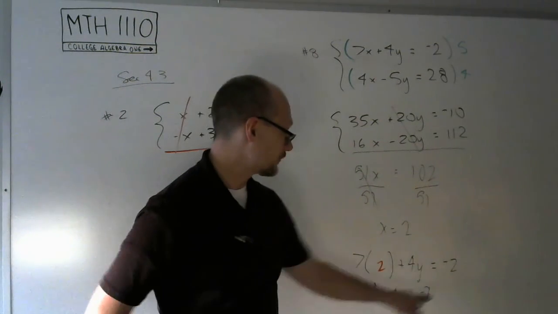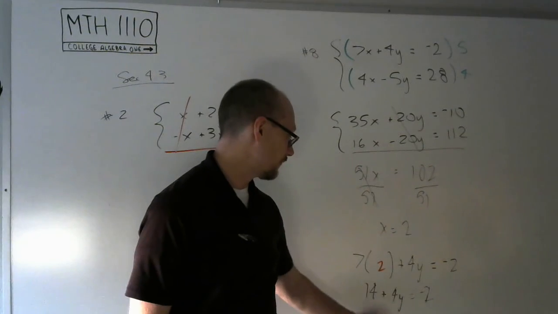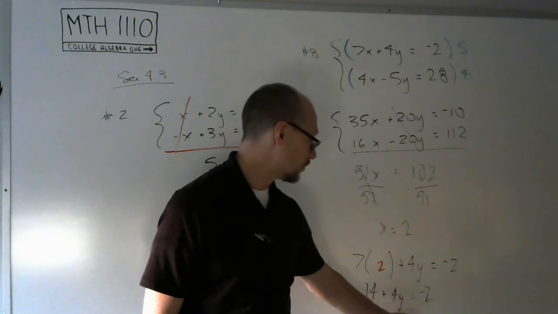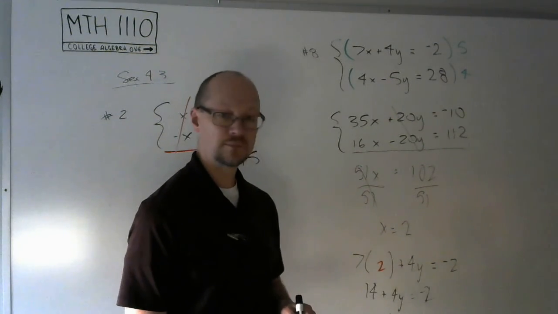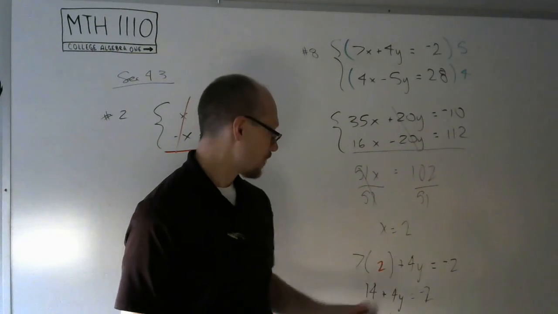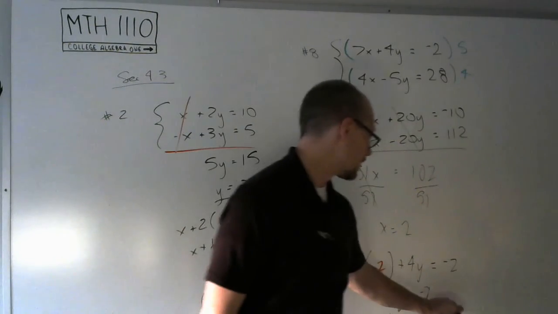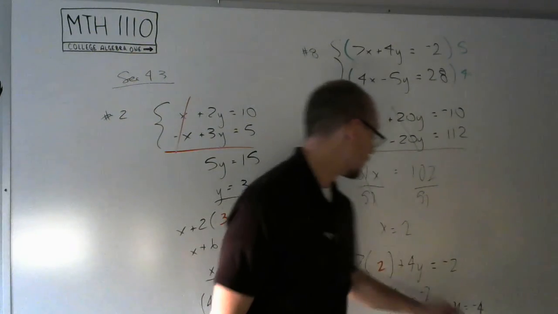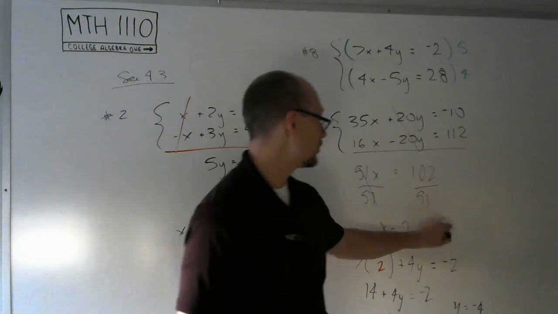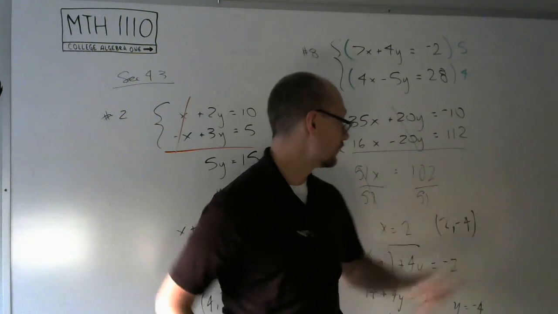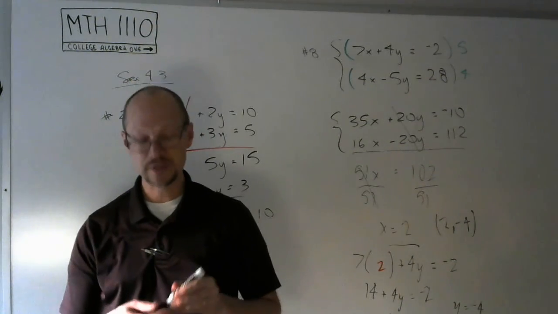If I subtract 14 from both sides, I think that's going to give me 4y equals -16. You can just barely see that. If I divide both sides by 4, that gives me y equals -4. So my solution then is going to be the point (2, -4).